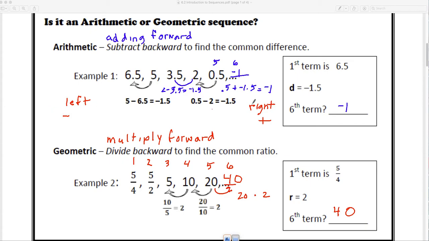Again, if you want to do it in left and right instead of forward and backwards, let's change that to a blue. And this is left, so it would be divide left.